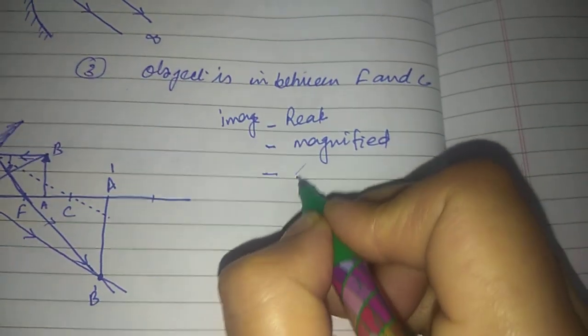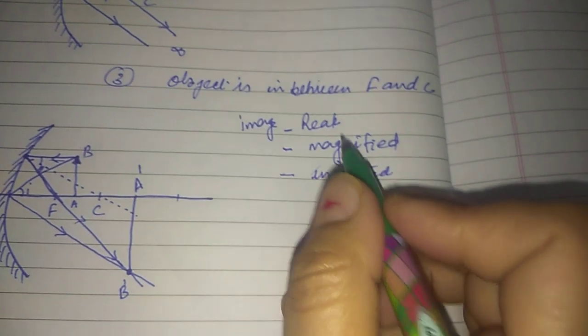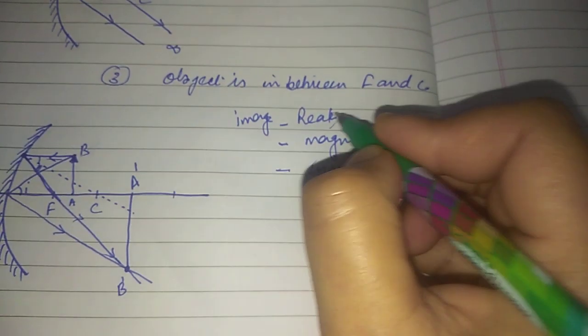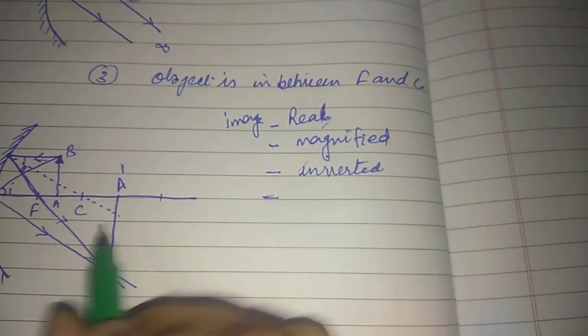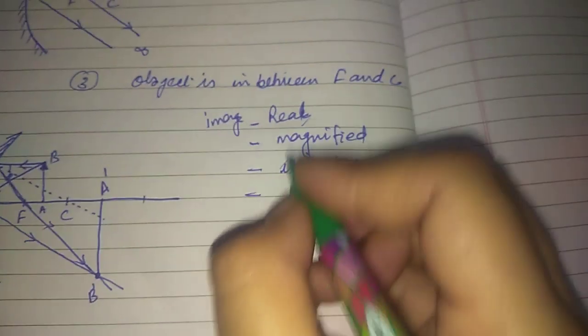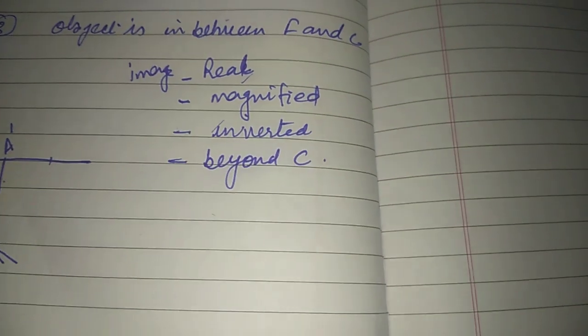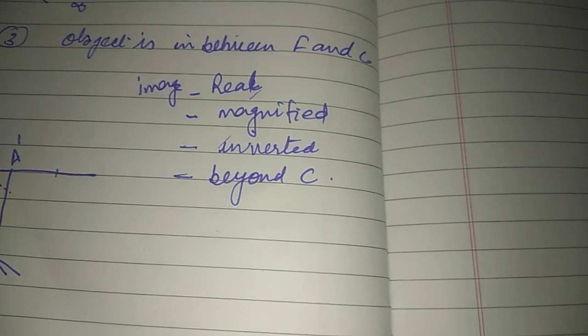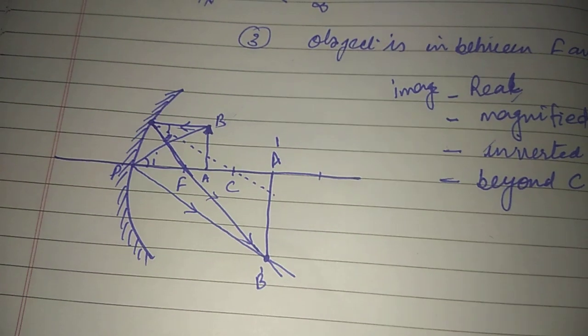So this is inverted, magnified, real, inverted, and it is beyond C. And it is in front of the mirror also. So these are some characteristics of the image, and this is the formation of the ray diagram.